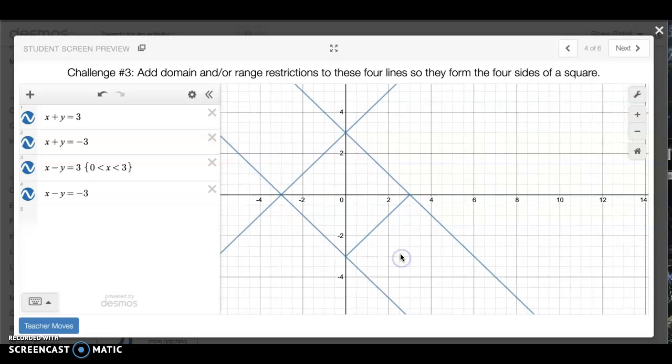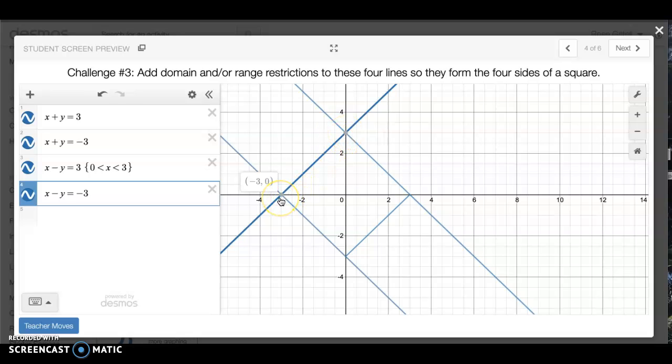Let's do one more together. Let's do this side of the square. Actually, let's do this one. For this one, it's going to be x values between negative 3 and 0.